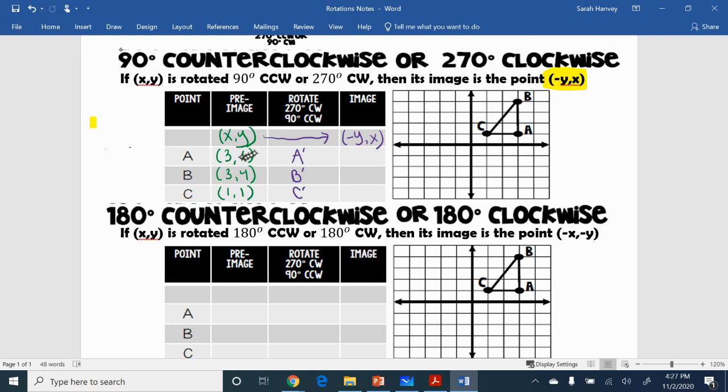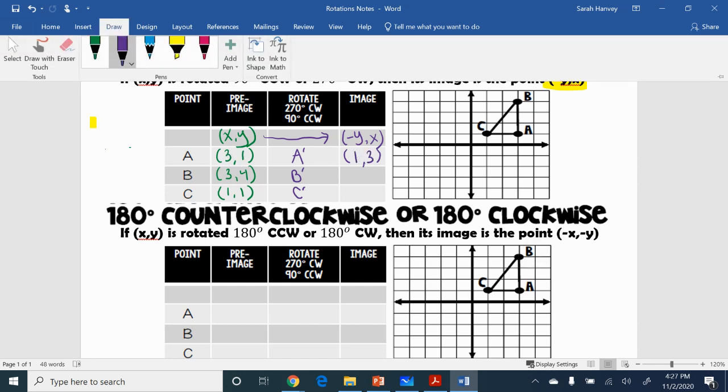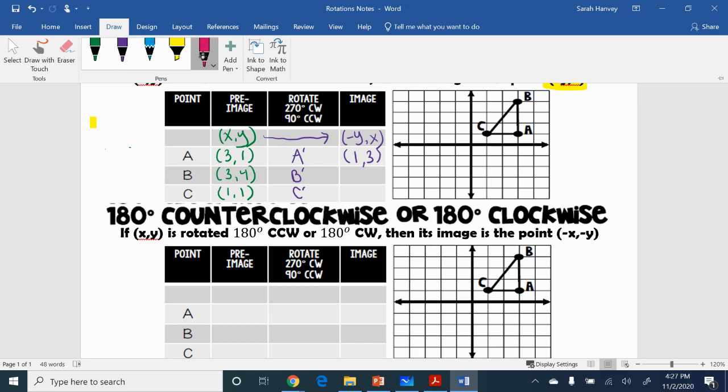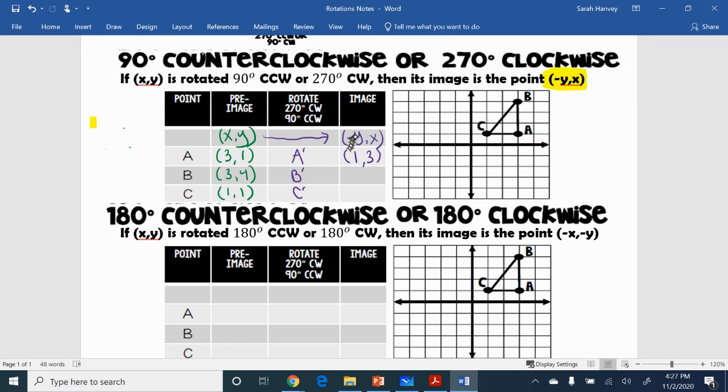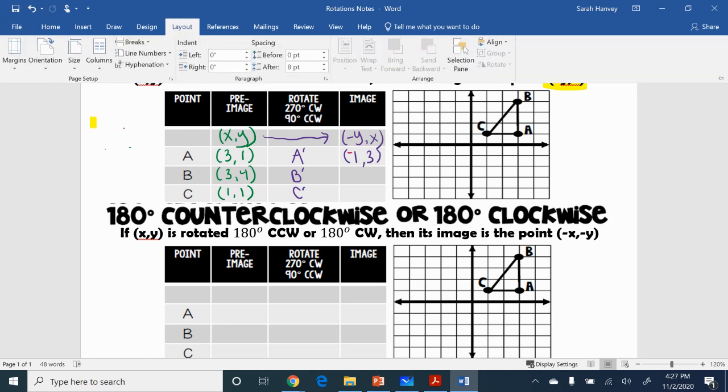We switch our x and y first, so (3, 1) becomes (1, 3). And then you always want to do the opposite of the y, so it's going to be negative.